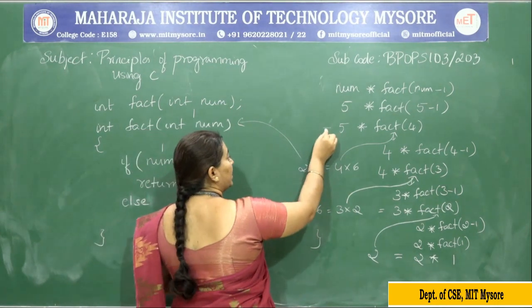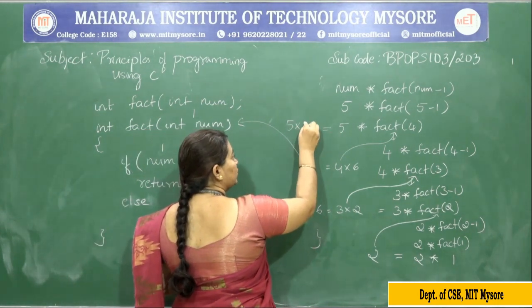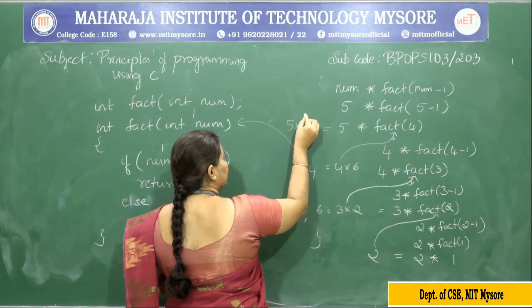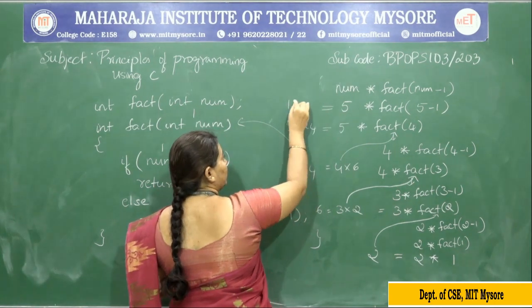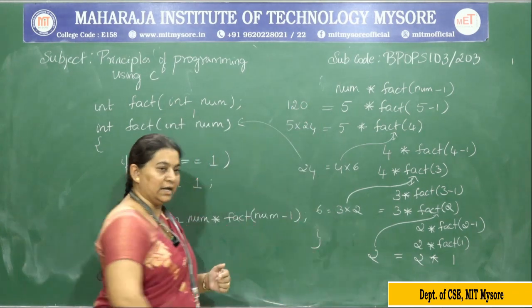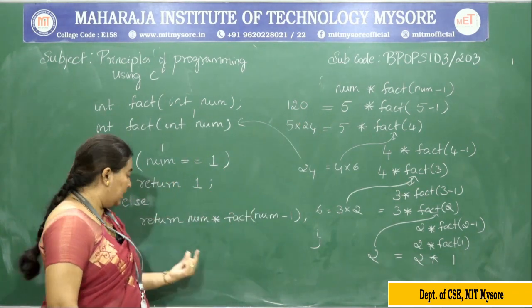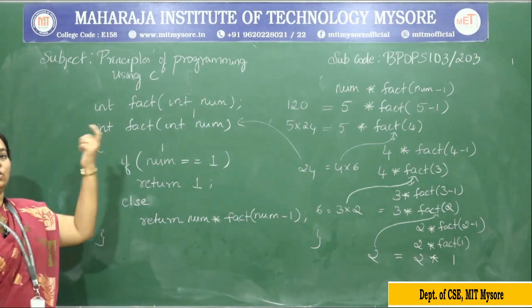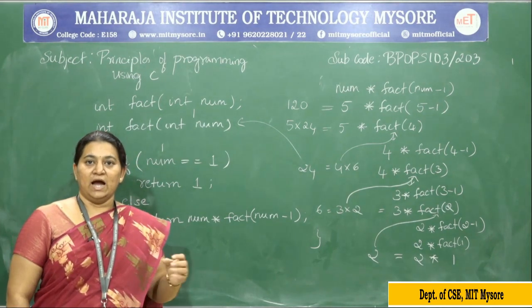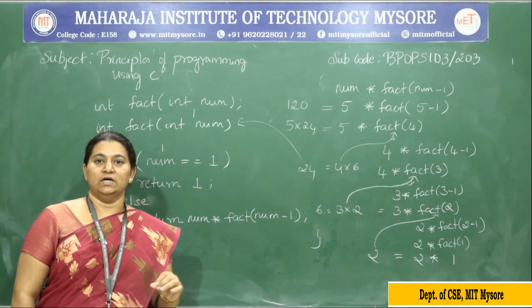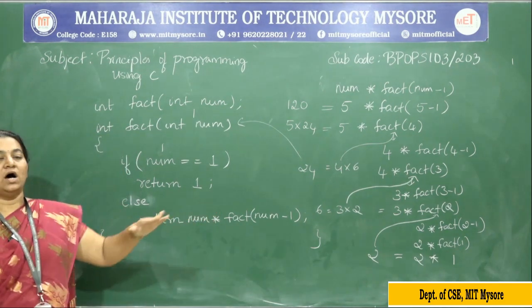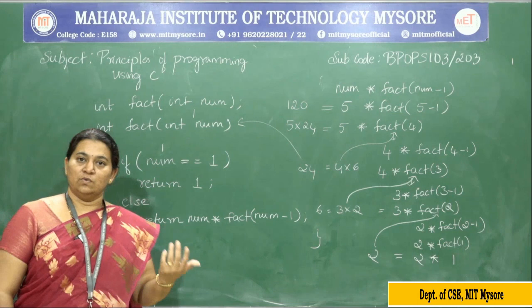Now here I have 5 into 24. For this function I am going to get 120. So at last this result will be returned back to your main function and the result will be printed in the output. So this is how your recursive function works.